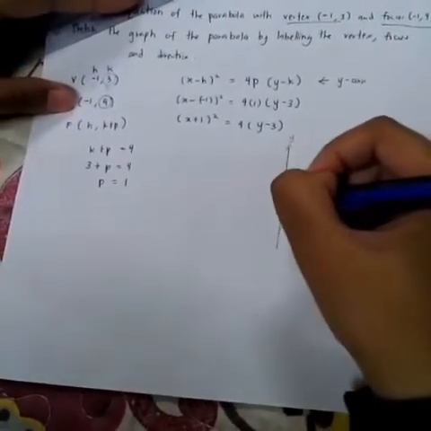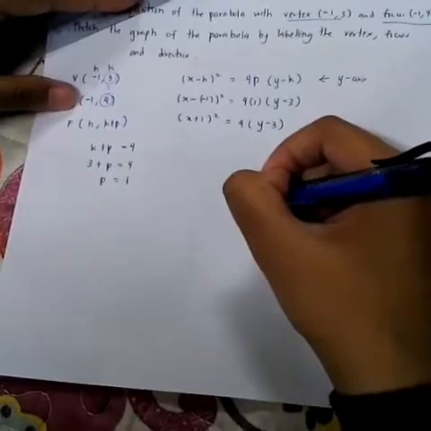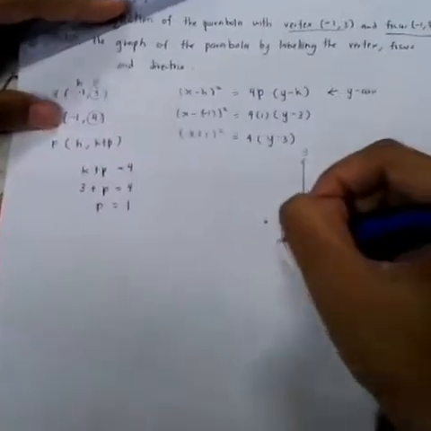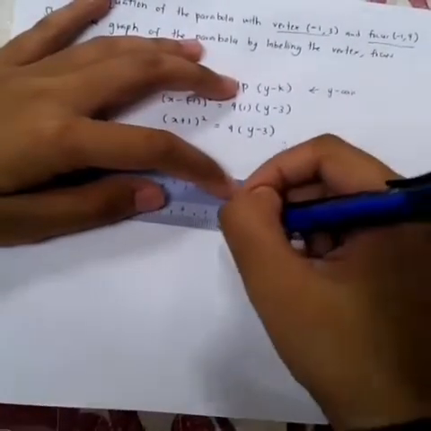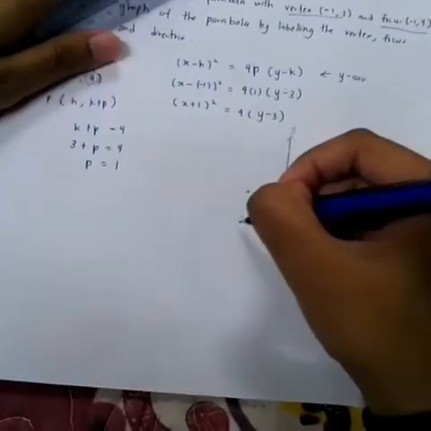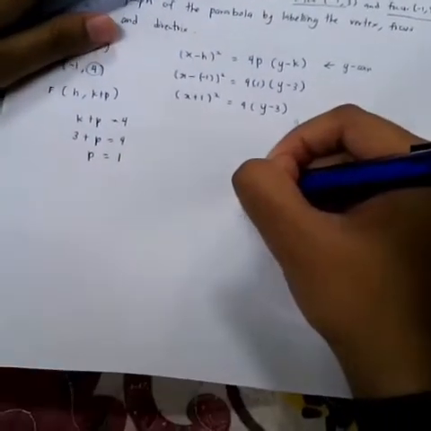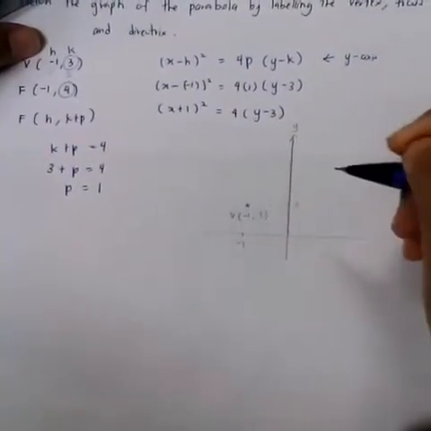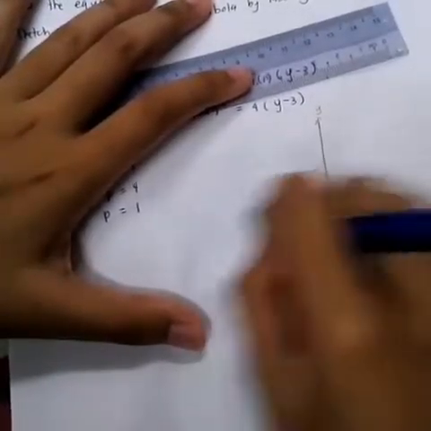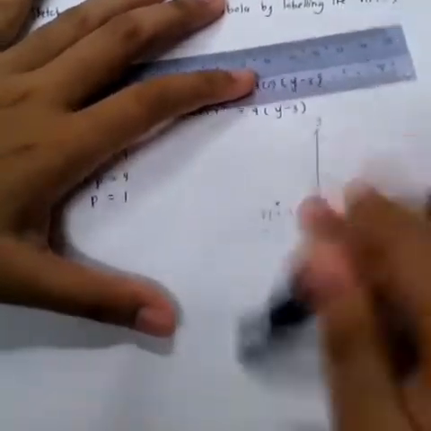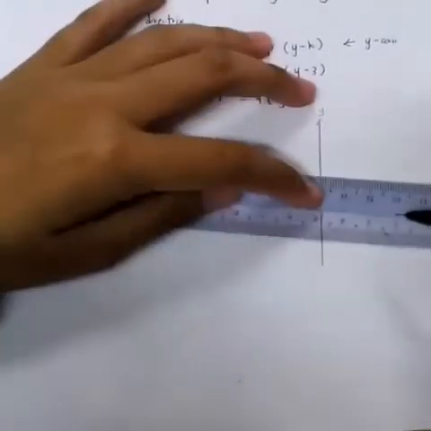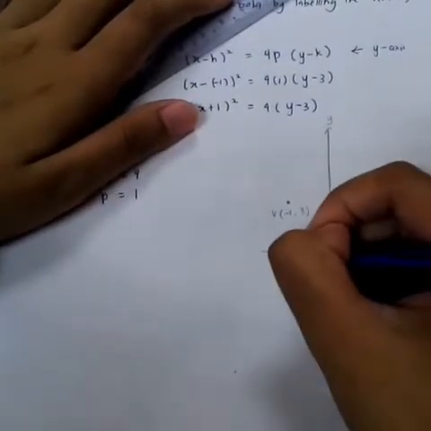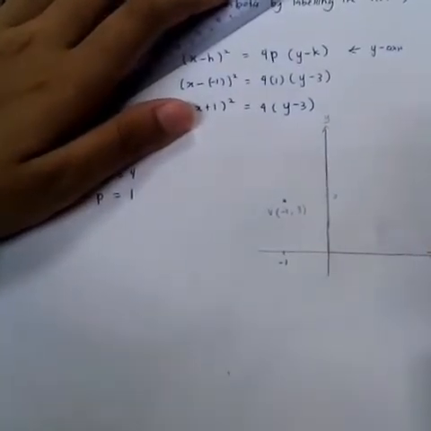So we assume that here is negative 1 and 3 is here. So V is (-1, 3). It should be a little lower. So this is the x-axis.